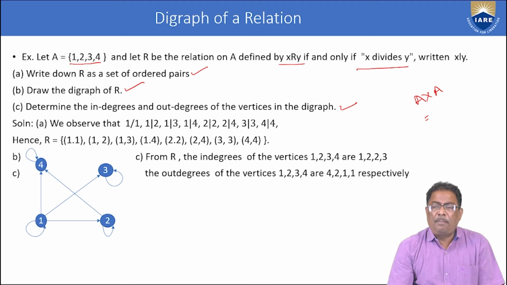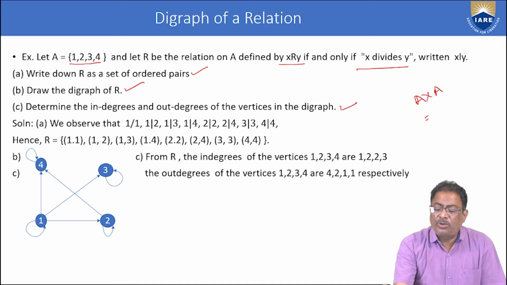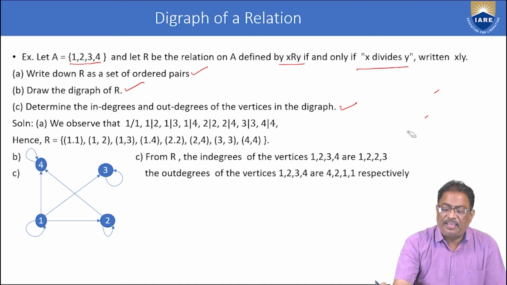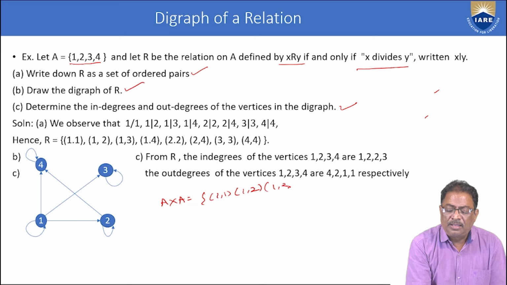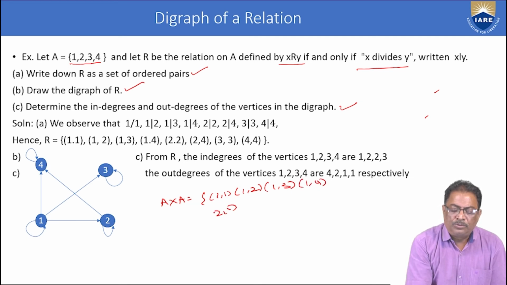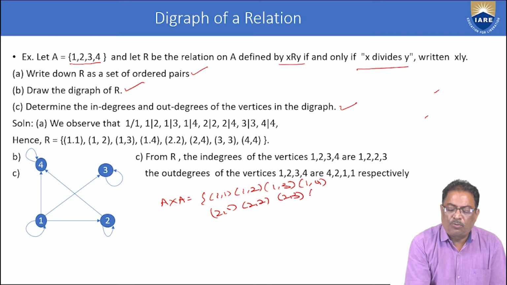Now, among this, what are we going to get? We have to write all the things in A cross A. So here it is 1, 1, then 1, 2, then 1, 3, then 1, 4, then 2, 1, 2, 2, 2, 3, and 2, 4.